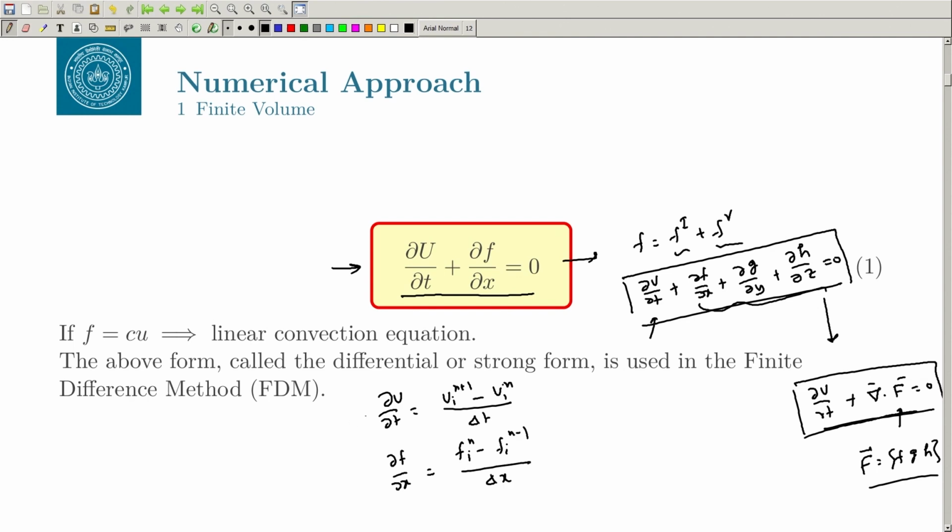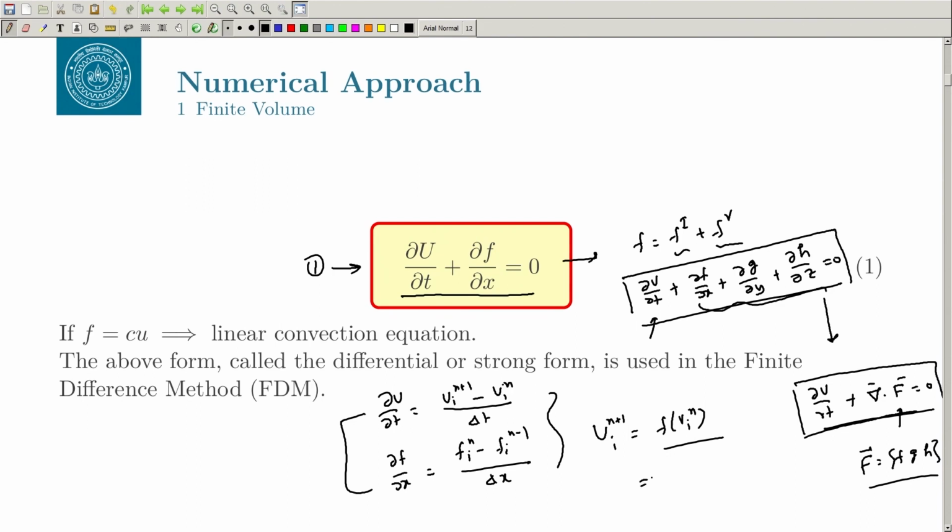Just put both of these into this equation 1 and you can write a discretized form equation where u I n plus 1 is a function of u I n, right, and it will have delta t, delta x and all those things which are governed by your CFL law. Once you fix the grid, you will look at the Courant condition, CFL condition, fix your delta t and you can solve it, march it and solve it.